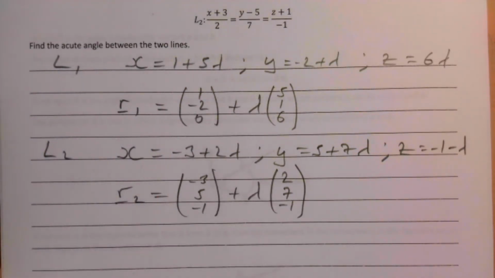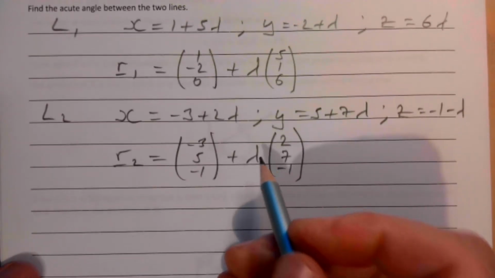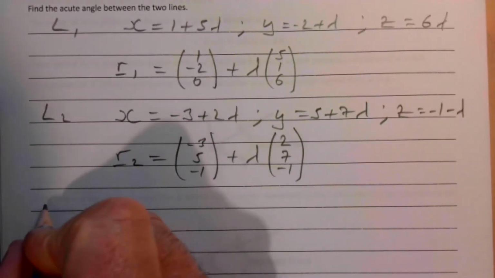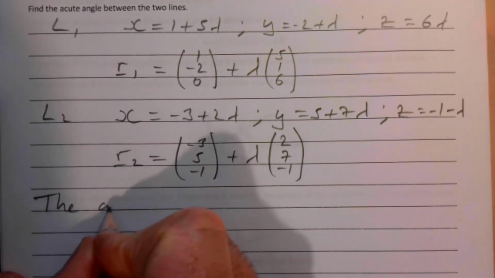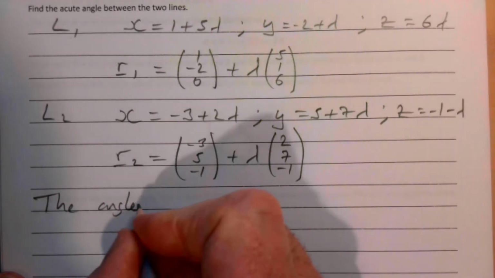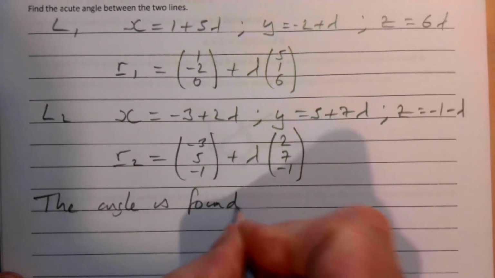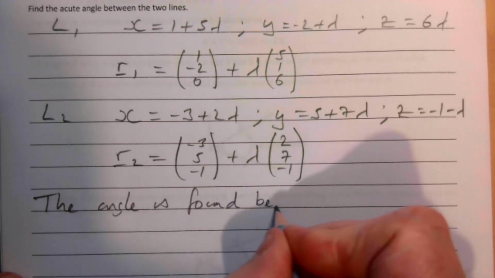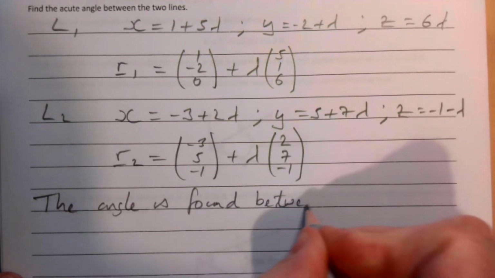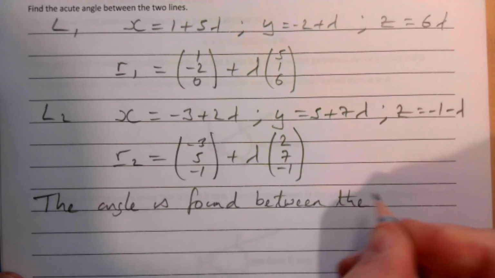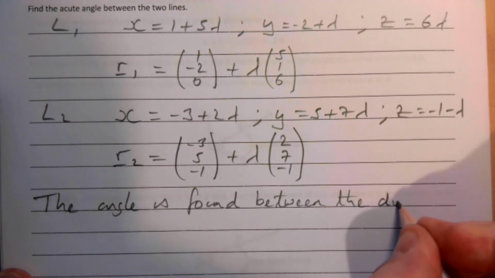And so the way we're going to find the angle, let's take this down in our notes. The angle is found between the direction vectors.